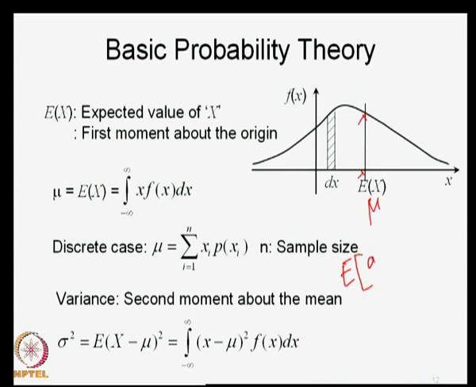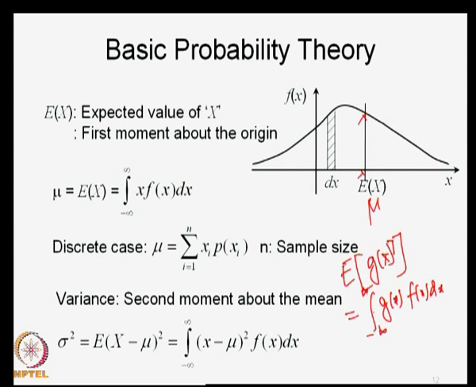Expected value of g of x is equal to the integral from minus infinity to plus infinity of g of x f of x dx. That means, what we are saying is the expected value of a function defined on the random variable x is equal to the integration from minus infinity to plus infinity of that function into the PDF with respect to x.